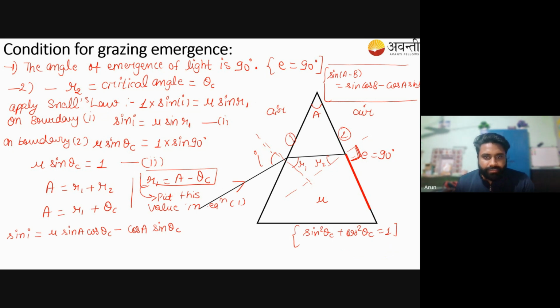Sin square theta c is 1 upon mu square plus cos square theta c equals to 1. So cos square theta c is 1 minus 1 upon mu square, taking the mu square LCM. So it will be mu square minus 1 upon mu square, and square root of this will give you cos theta c as square root of mu square minus 1 divided by mu. Got it?